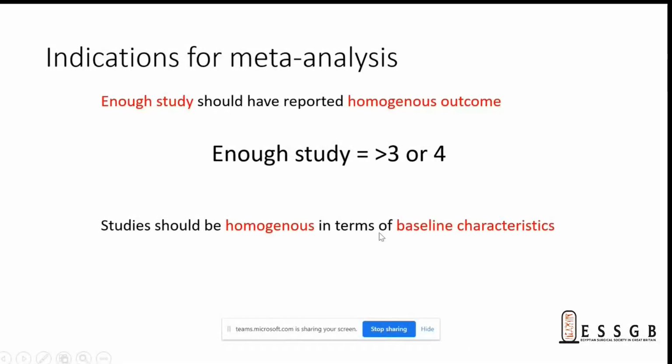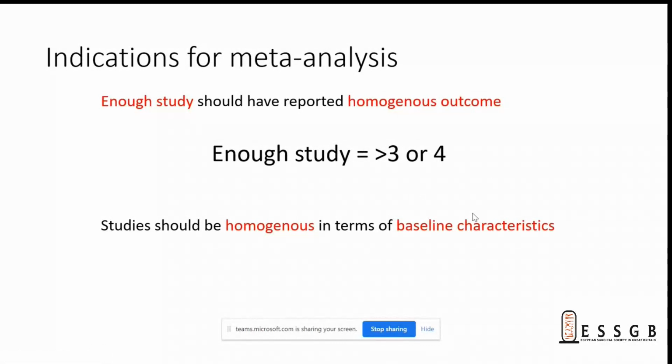And if they're heterogeneous and you do 3, probably that's a good excuse for reviewers to reject that paper with only 3 studies included. But for example, if you've got 3 randomized controlled trials that are homogeneous, you can do 3. But in theory, with more than 3, you can do a meaningful analysis. It depends on the basic heterogeneity among the included studies that you can determine 3 or 4. But as long as you've got 3, you can do that.